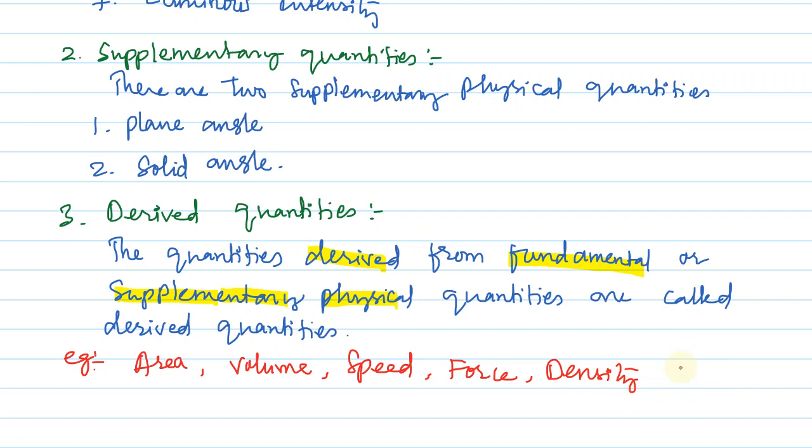Mass is a fundamental quantity, and volume is a derived quantity obtained from length. After understanding fundamental and derived quantities, we can say fundamental physical quantities are like alphabets in the English language, and derived physical quantities are like words. Let's continue the topic in our next video. Thank you.